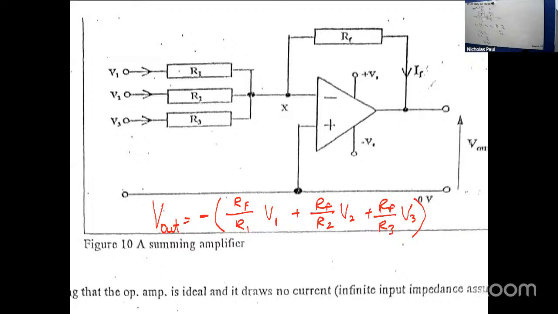If you look at the diagram, what you will recognize in the formula is that you're using RF all the time, and you're using the input and the corresponding resistor underneath. That's okay? You're seeing that? And when you work out that whole thing, you get one output. That's the amplified output.